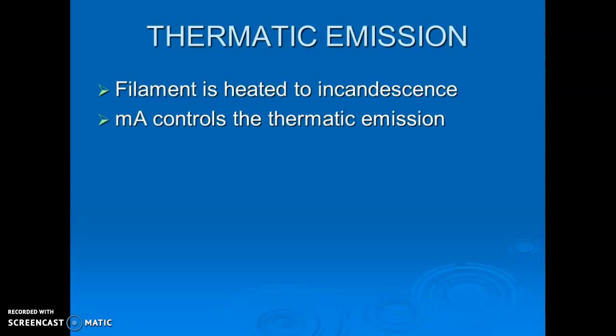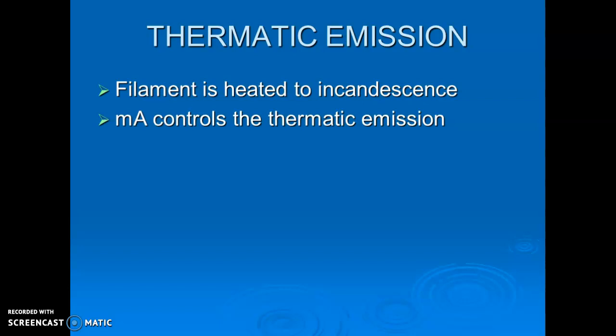Okay, thermionic emission. In the video, I talk about how the filament is heated to incandescence. That just means that the filament is heated through that low voltage electric current until it glows red hot. That's what incandescent means. And your mA setting controls the thermionic emission. Thermionic emission just means the boiling off of those electrons.